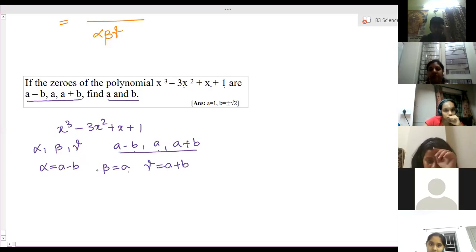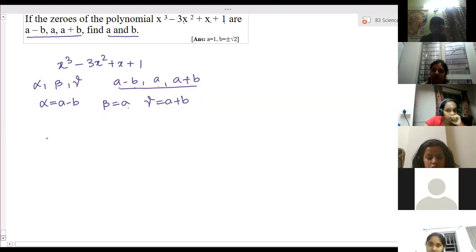Clear? So we have to use the relation between zeros and coefficients. First relation: sum of the zeros. Alpha plus beta plus gamma is equal to minus b by a.